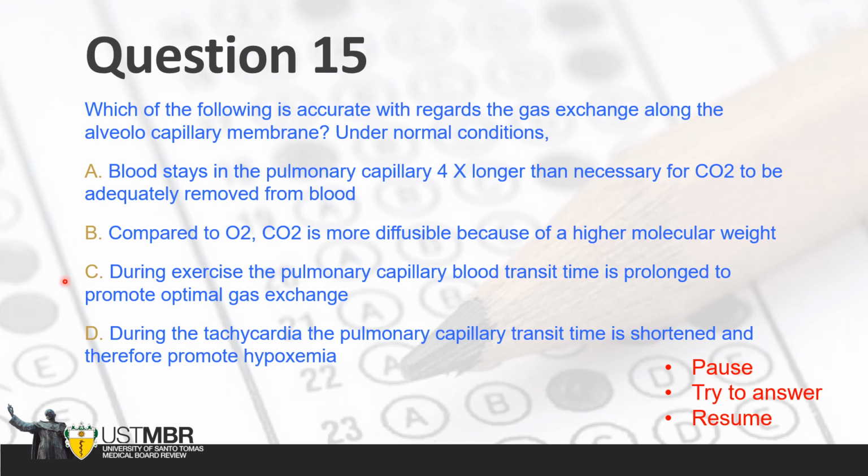C. During exercise, the pulmonary capillary blood transit time is prolonged to promote optimal gas exchange. D. During tachycardia, the pulmonary capillary transit time is shortened and therefore promotes hypoxemia. I'd like you to pause, try to answer, then resume.